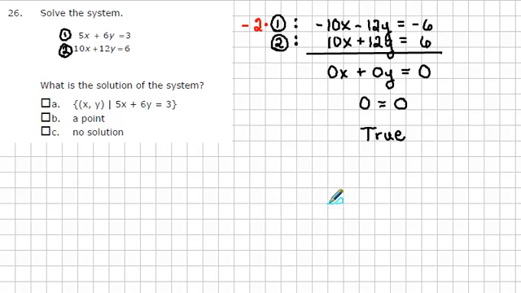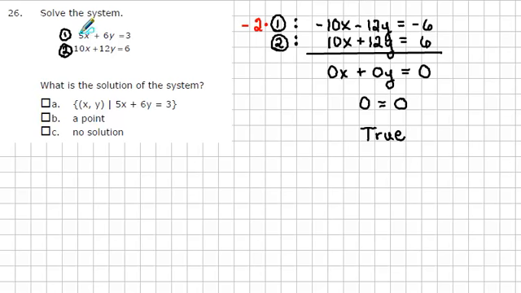So what does this true statement mean? Well, what it means is that every solution of one equation is also a solution of the second equation. In essence, when we graph the two equations we will get the same line. You might notice that equation number 2 is just a multiple of equation 1.